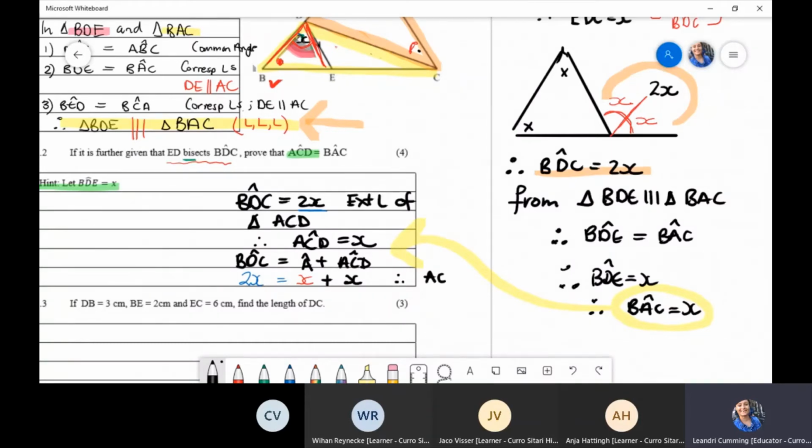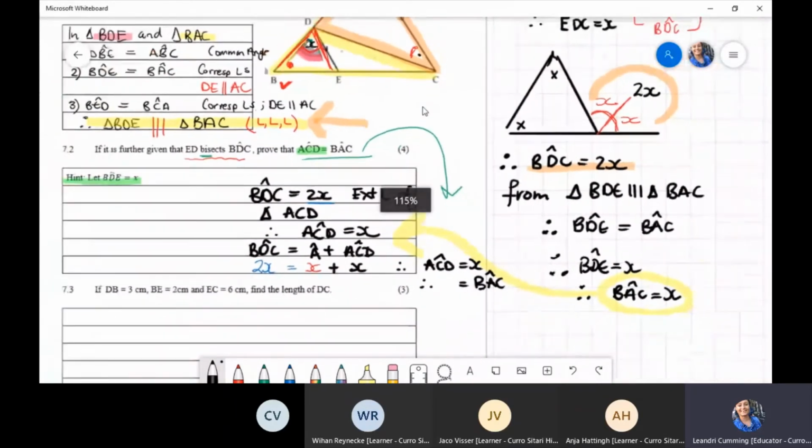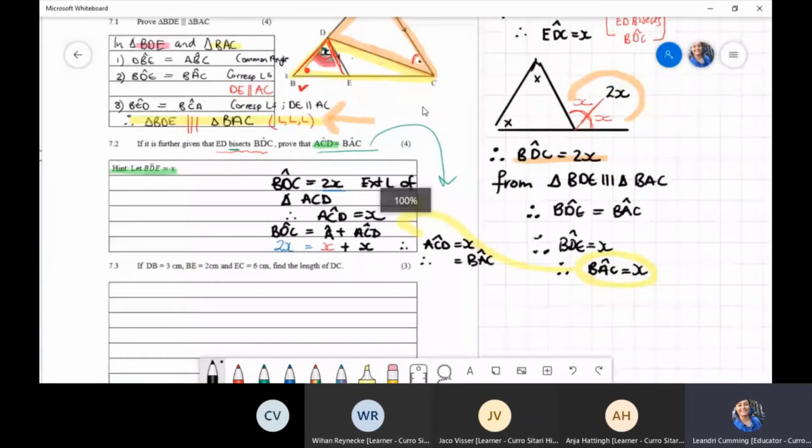Therefore, angle ACD is equal to x. Therefore, we've proven what we've been asked to prove, that angle ACD is equal to angle BAC. A little bit of our application work there, using the fact that we've already proven similarity.